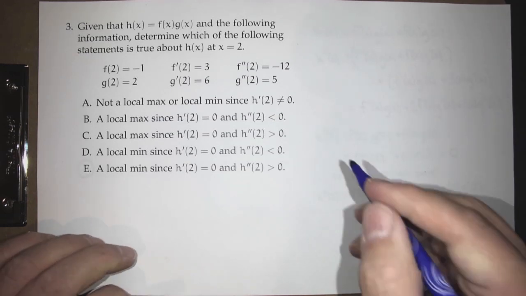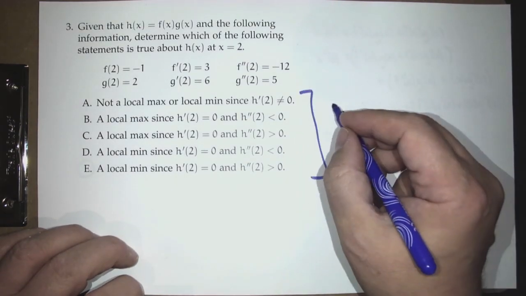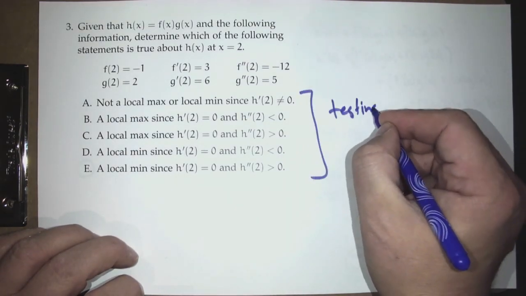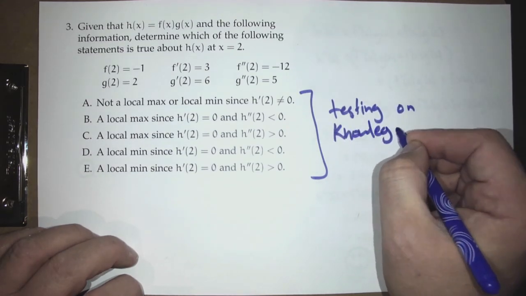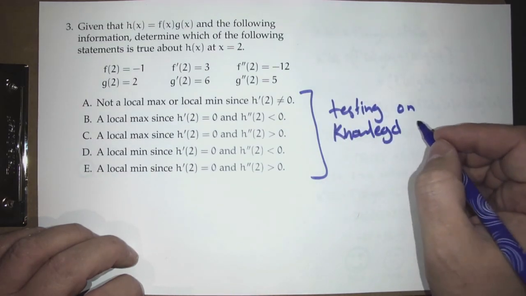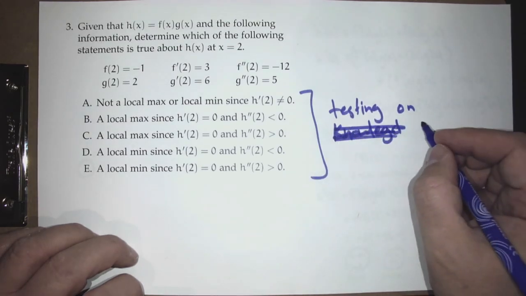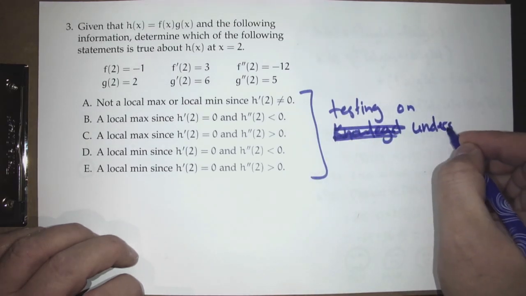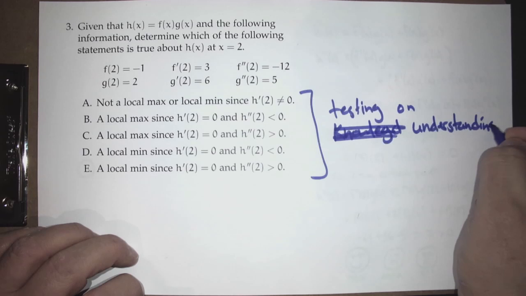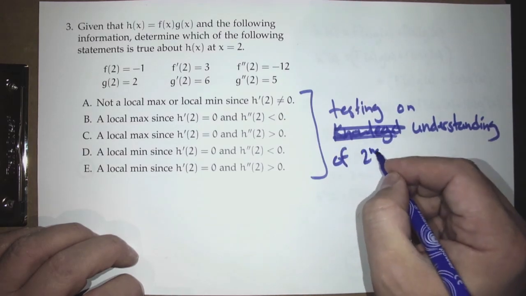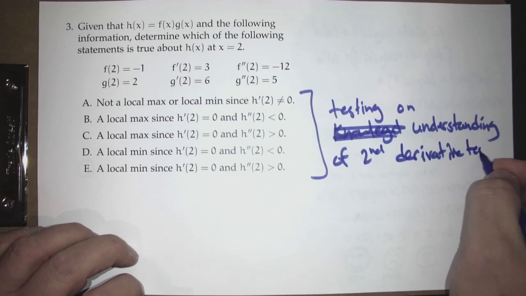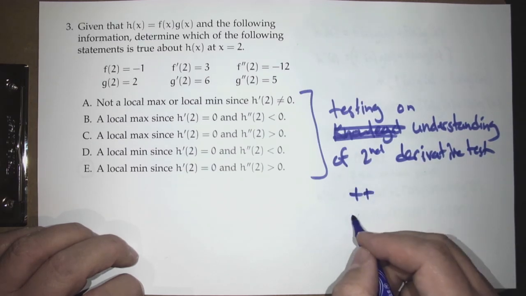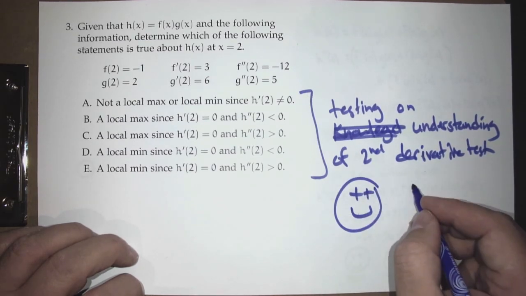So if you think about this, what's being tested here, this is testing us on our second derivative test. It's testing on understanding of second derivative test. If you're positive, you look like that.